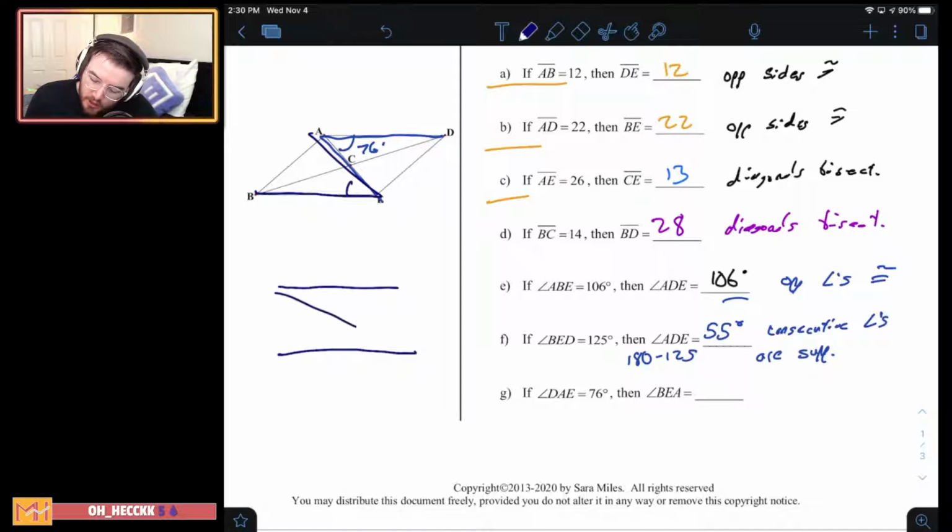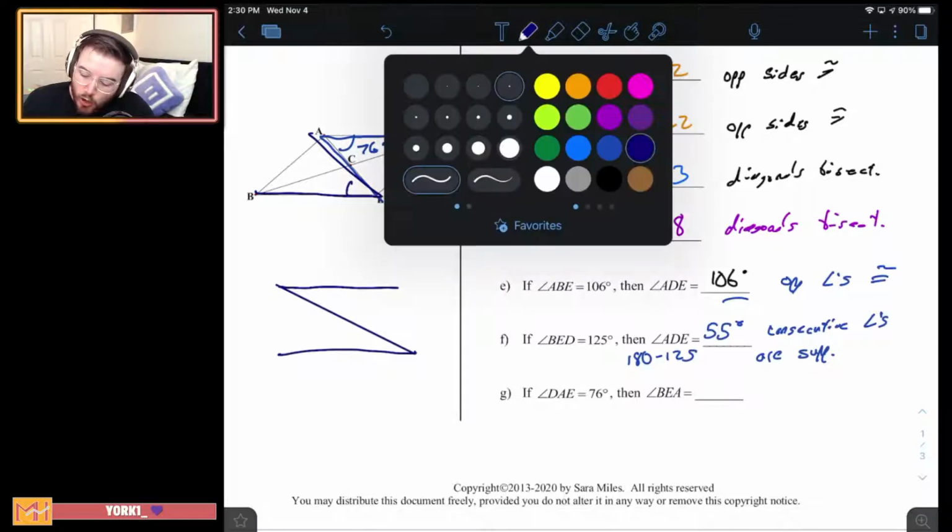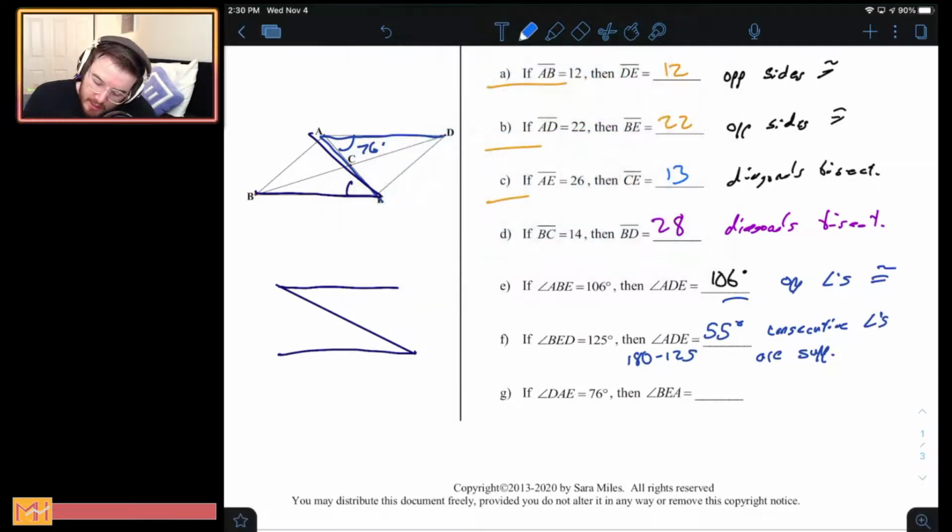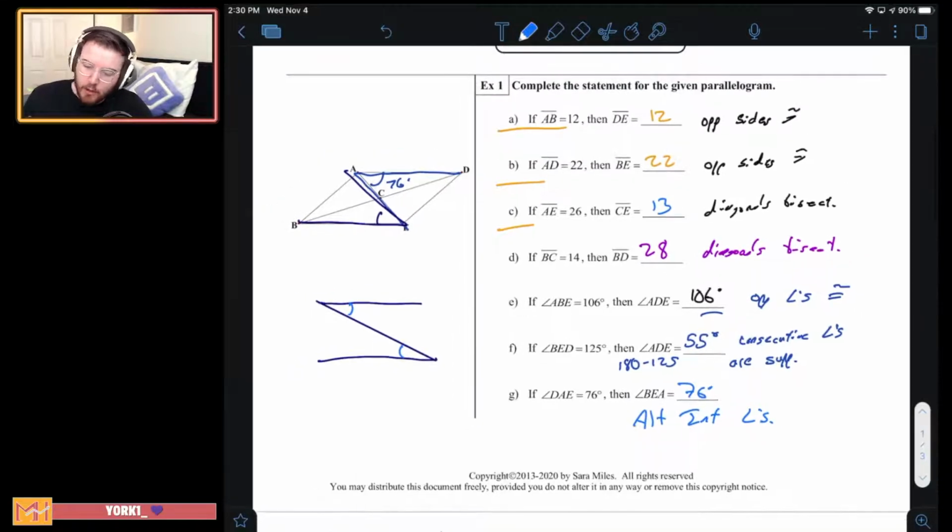And again, it's just a matter of recalling our angle relationships. 76 here, well, they're on alternate sides of the transversal and in between the parallel lines. The best way I like to think about that is we have alternate interior angles. Boom. Just like that. Quick facts.